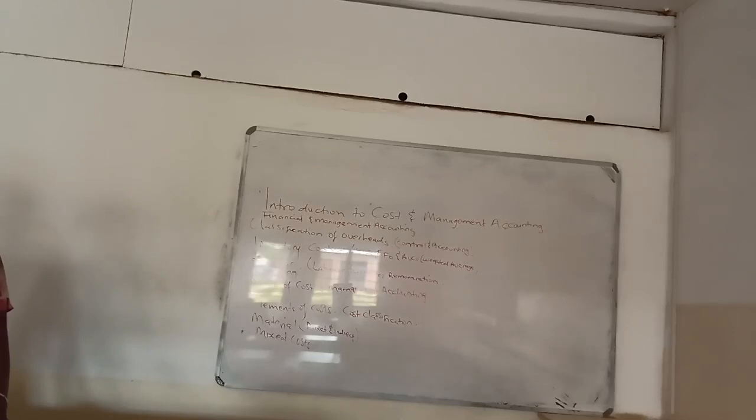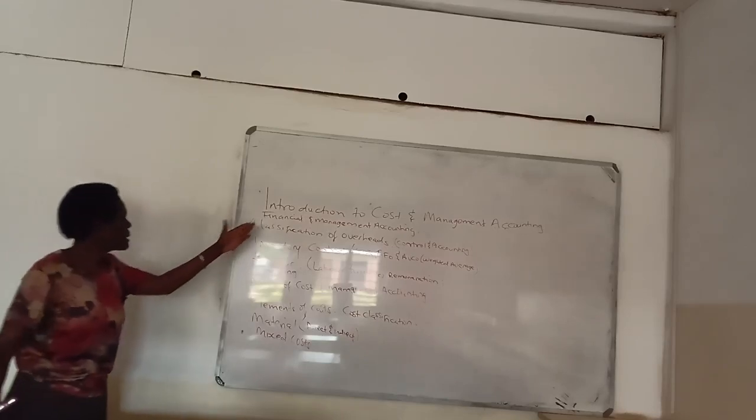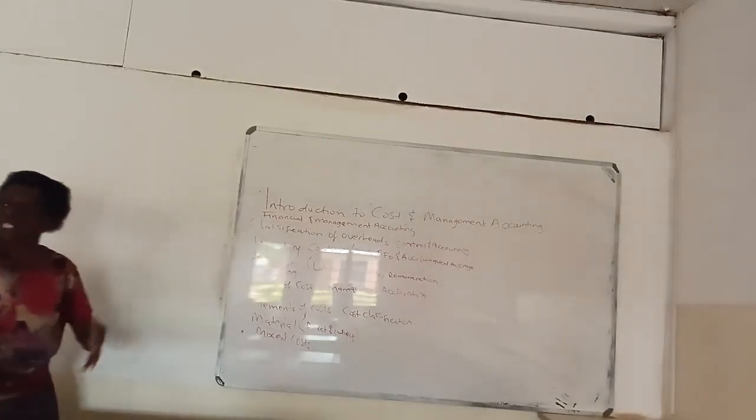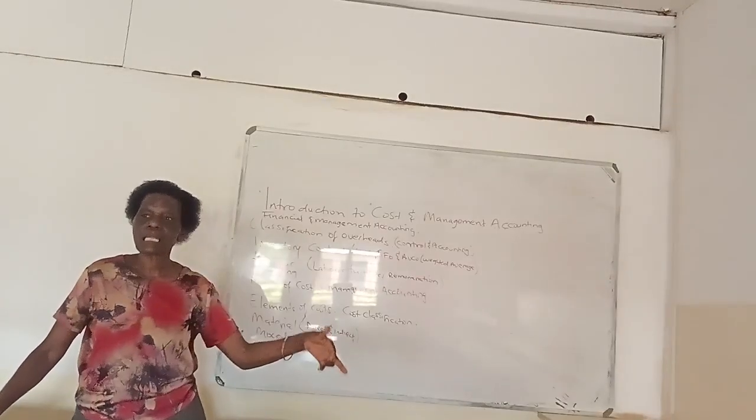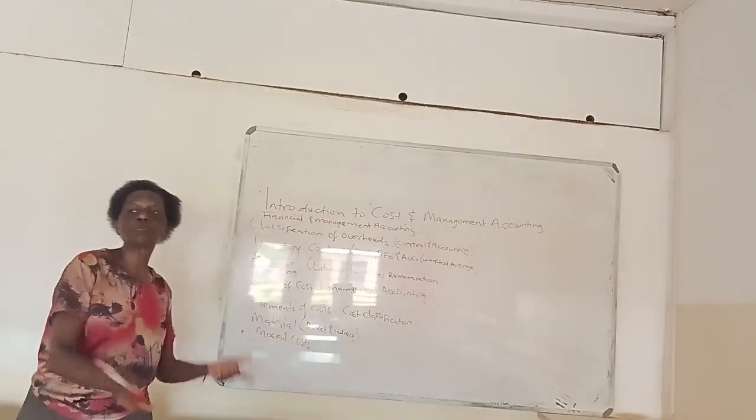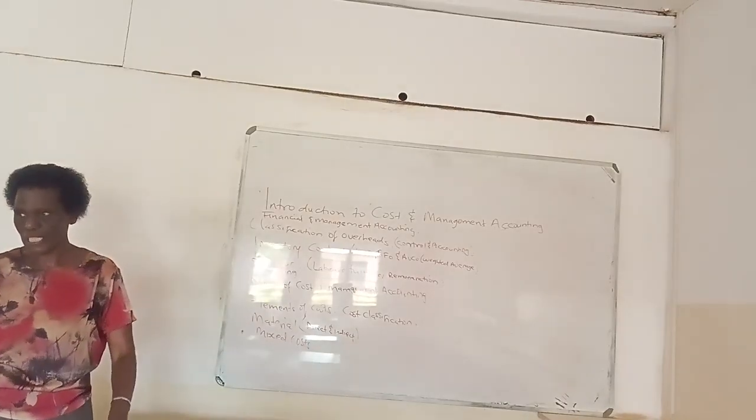Yes, we are talking about financial accounting, where it involves outside organizations, shareholders, government, even our subsidiaries or sister companies. So when we're talking of financial accounting, we are talking of something that is reported outside the organization.